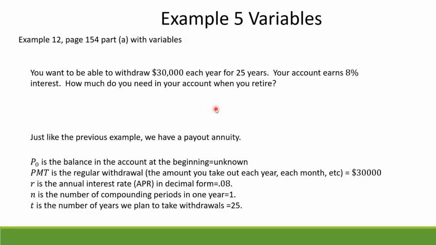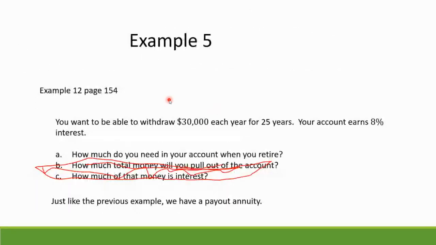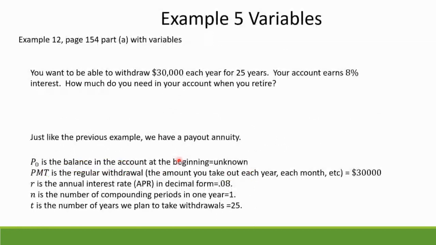So we can use the formula. What we want to know here is how much we need in the account when we retire, how much we need in there initially. So just like before, we want to know what P0 is in our formula. PMT, we know what that is. It's $30,000 each year. r is the annual interest rate, 0.08.